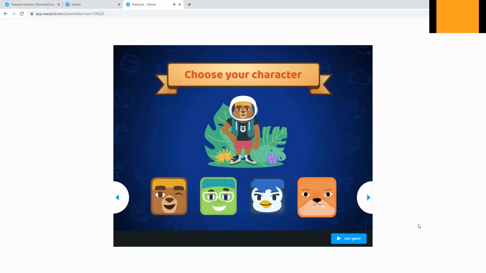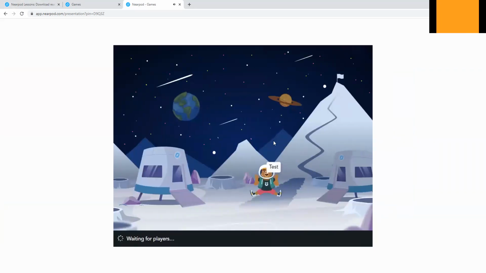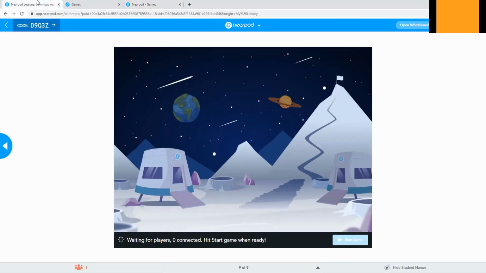Choose a bear, and then they can join the game. Here, because I only choose one participant, there's only one participant in here, and this is how the teacher's screen looks.